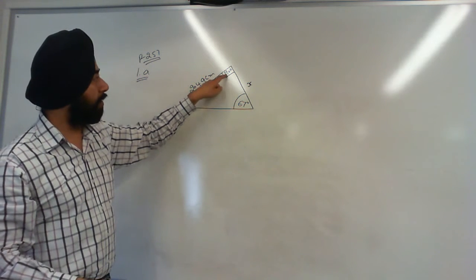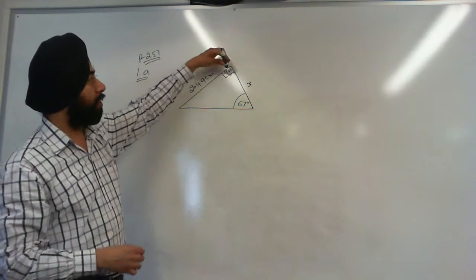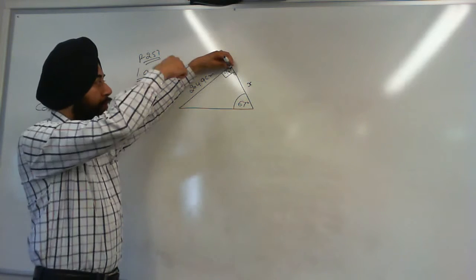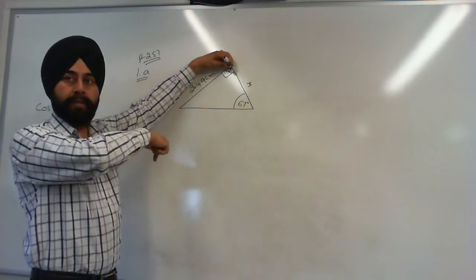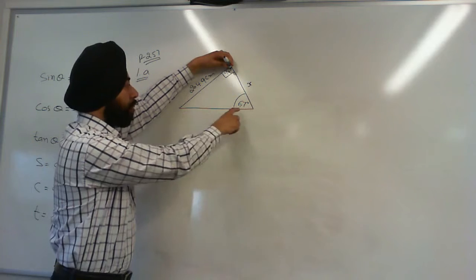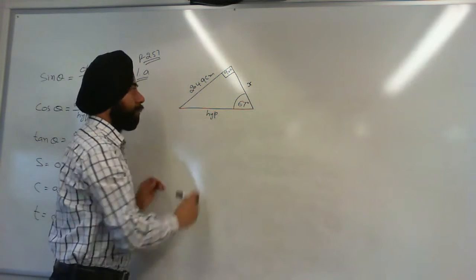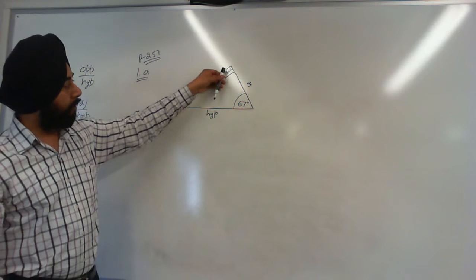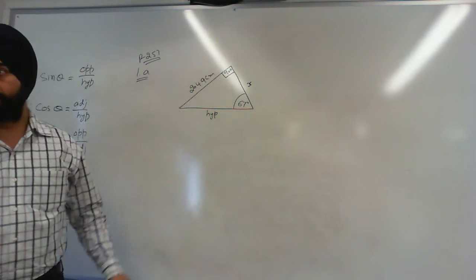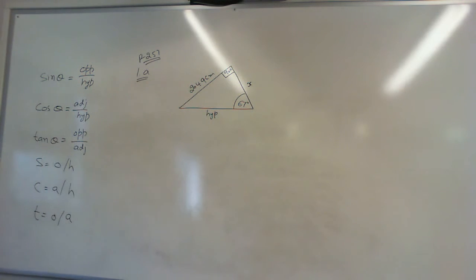If this is the 90-degree angle, you stand here and look towards the opposite side. That is the longest side of this triangle, which is the hypotenuse. That's how you find the hypotenuse.